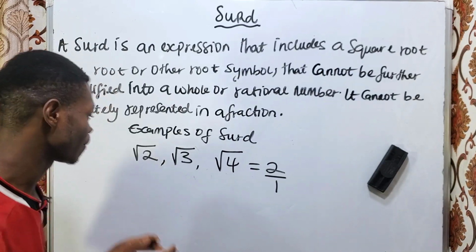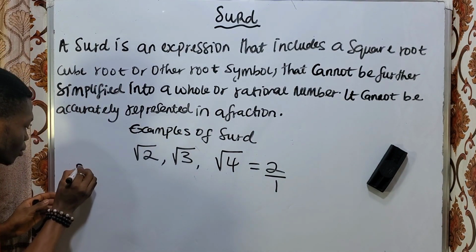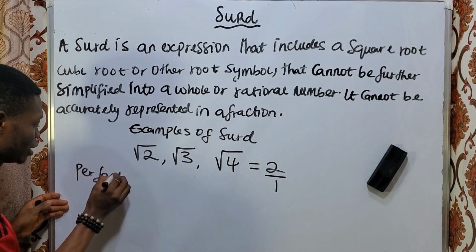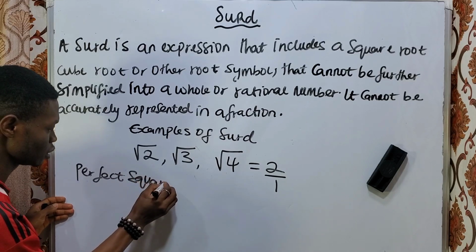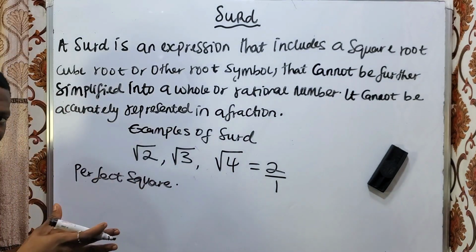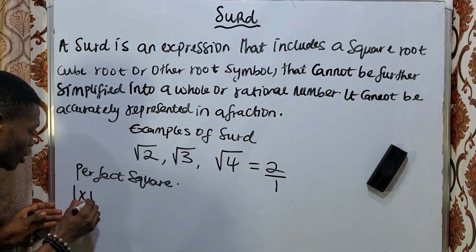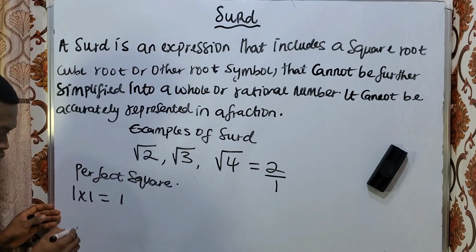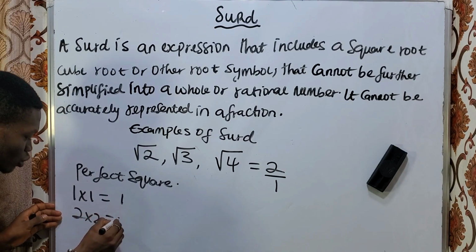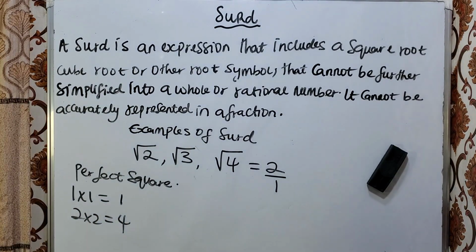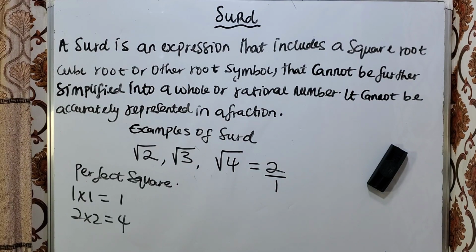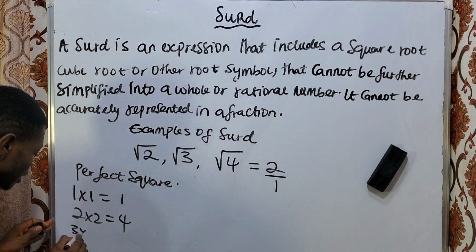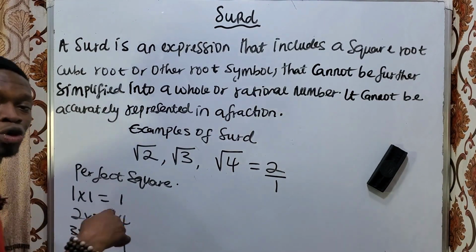Let's take a look at perfect squares so that you know what they mean. 1 times 1 will give us 1. 2 times 2 will give us 4. I hope you can see that. Alright. 3 times 3 will give us 9, and so on.